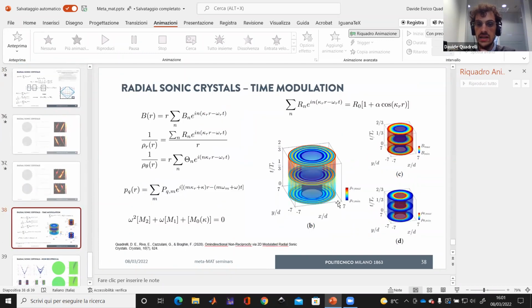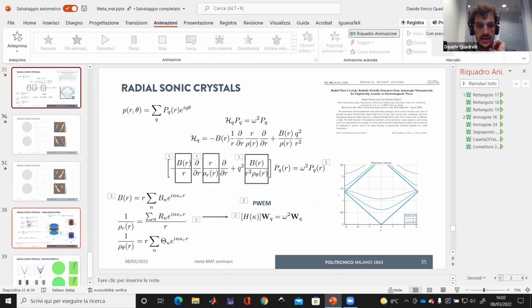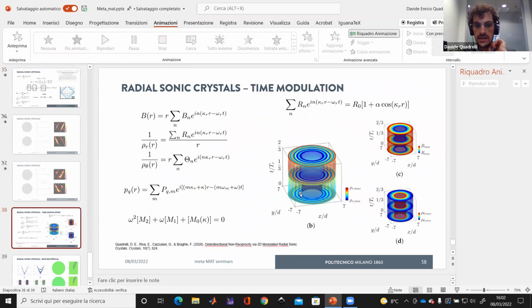So if you see here, this is the radial density, for example. It is modulated in space. It's not periodic because the term which should be periodic is the reciprocal of R multiplied by R, according to this. But the idea is, in the end, you have a scaling factor for the curvilinear coordinates, basically.